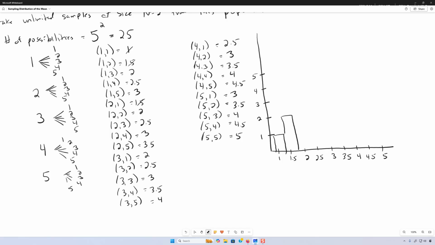How many 2s do we have? 3 2s. How many 2.5s? This is the sampling distribution of the mean for a sample of 2 scores. I have 4 2.5s. How many 3s?